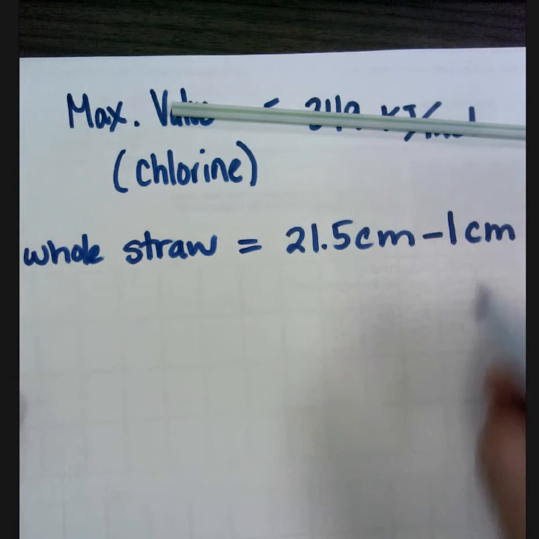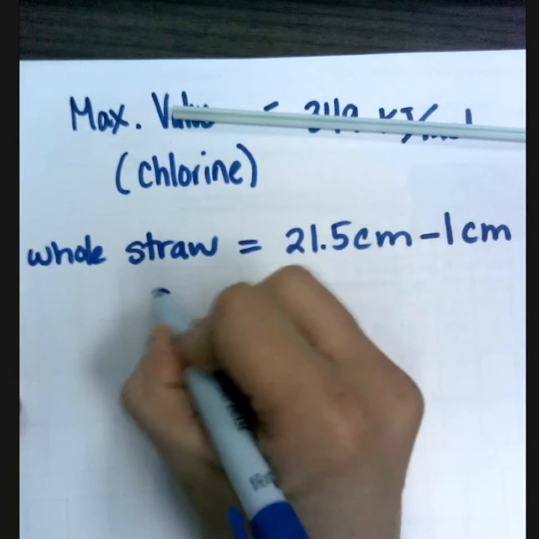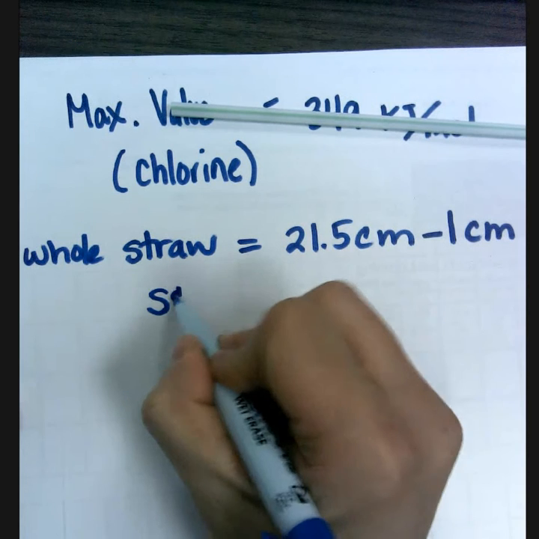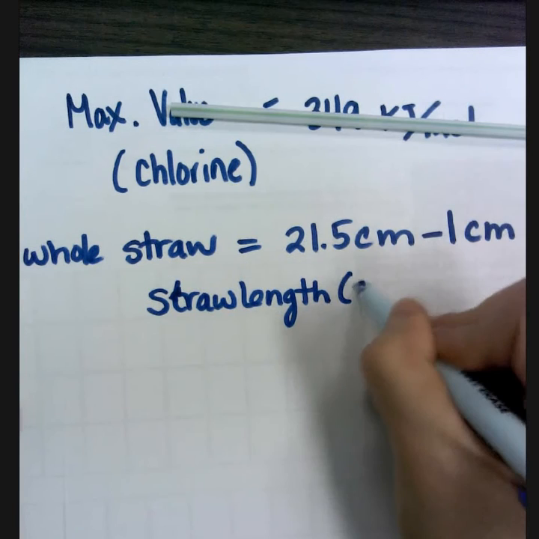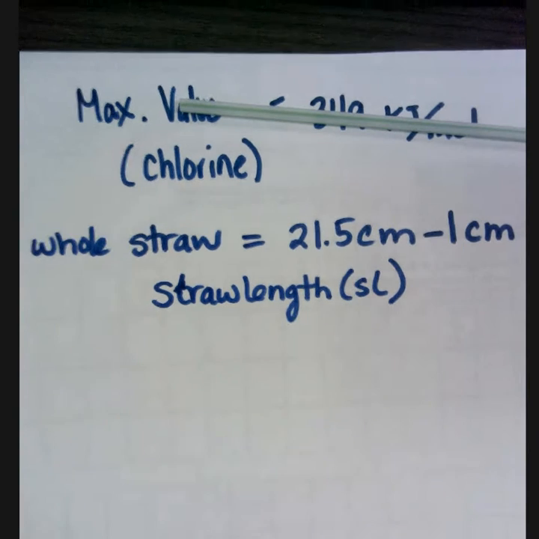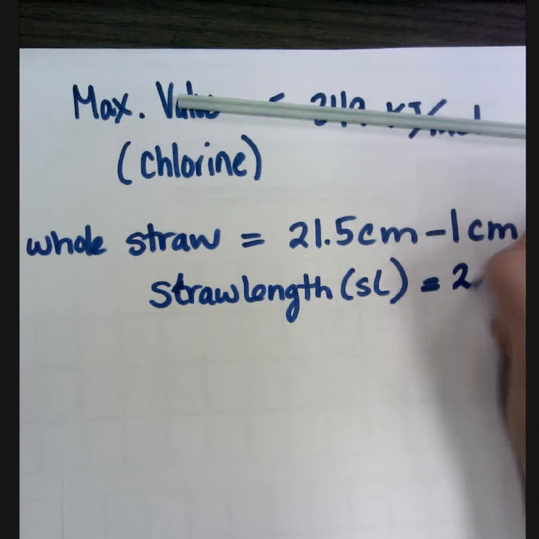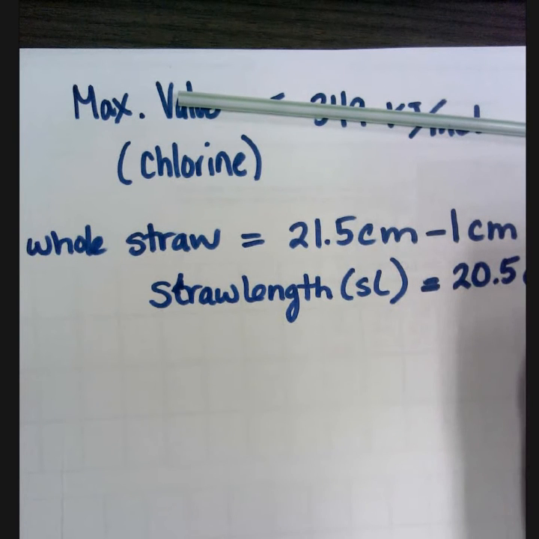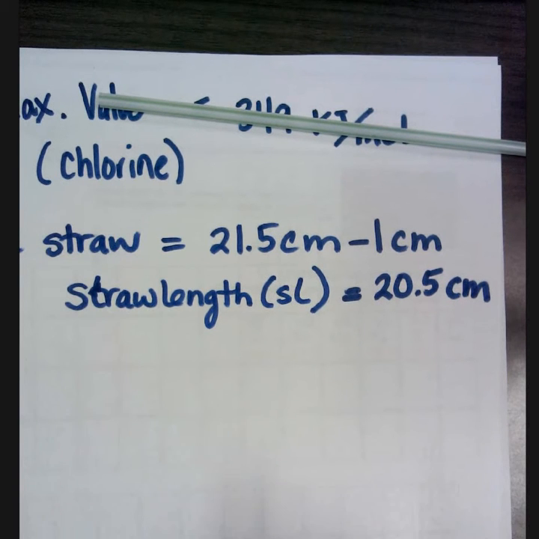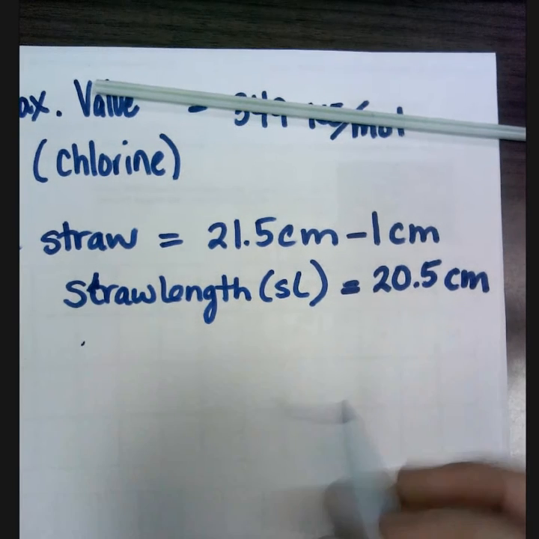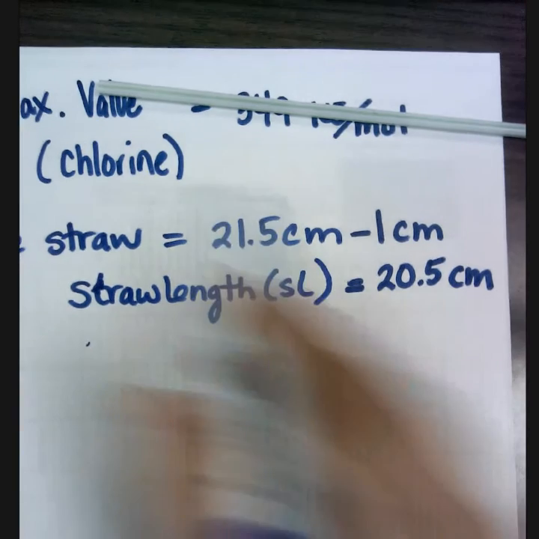So we're going to subtract 1 centimeter, and so the straw length is going to be 20.5 centimeters. So what does this mean? That means that the maximum straw length for chlorine is 20.5.